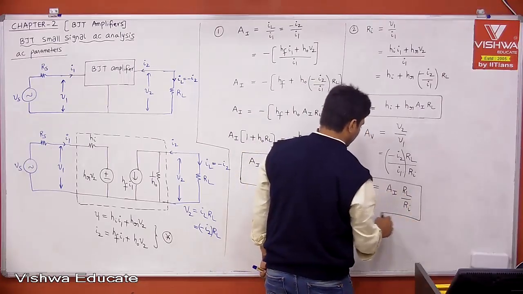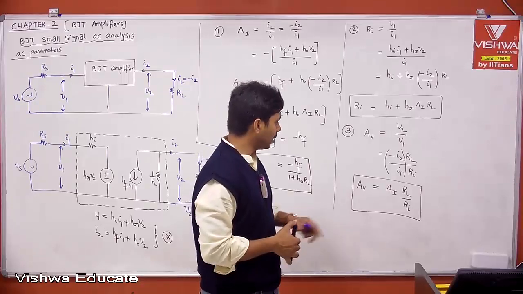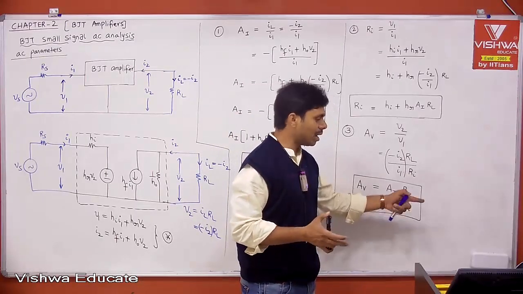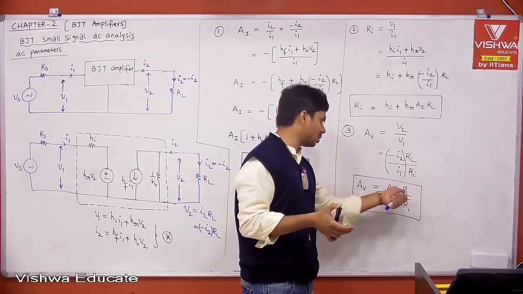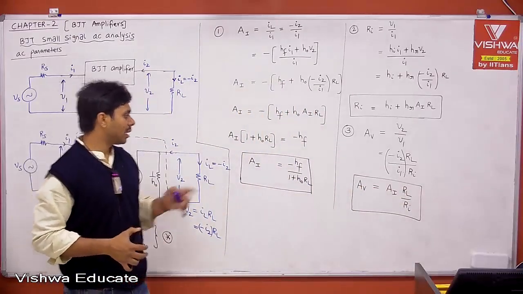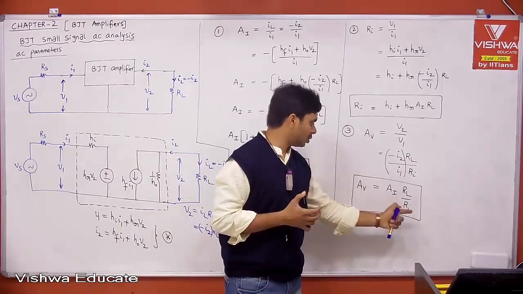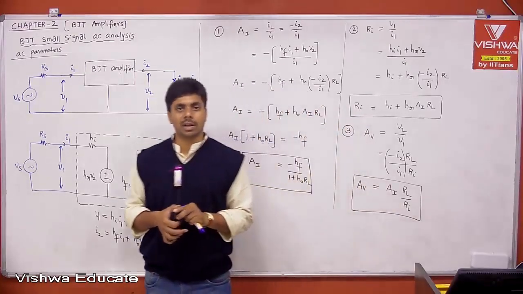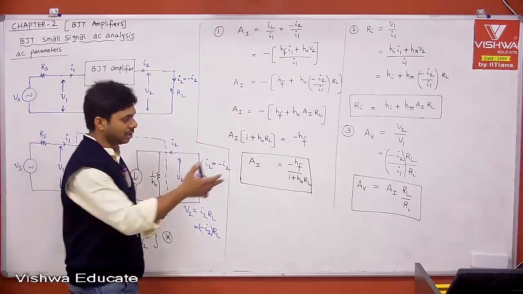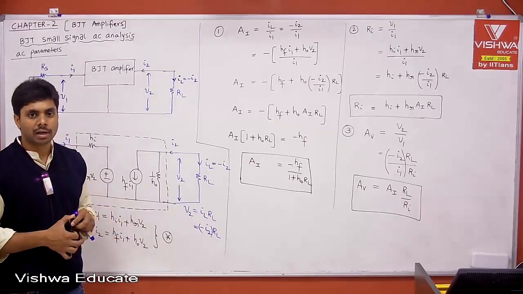But remember, to calculate voltage gain we need current gain and input impedance. If the load value is given in the problem statement, you can substitute and get the voltage gain. So first calculate current gain, then input impedance, then substitute. Your voltage gain depends on current gain and input impedance: AV is equal to AI into RL divided by Ri.